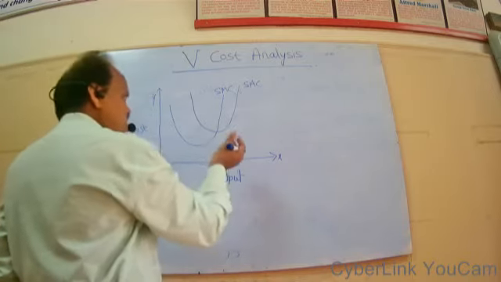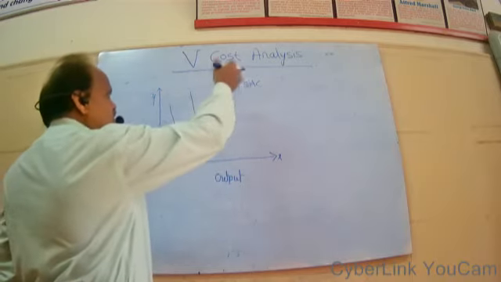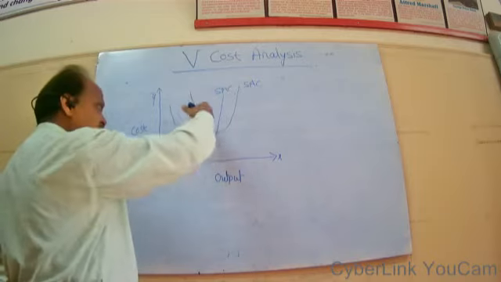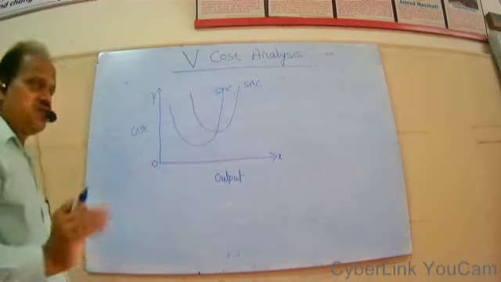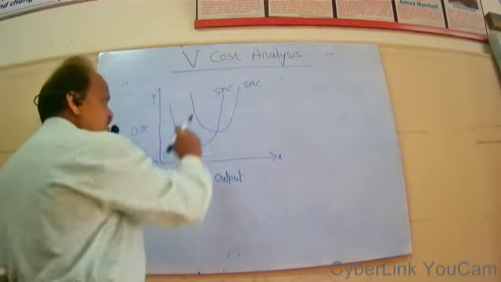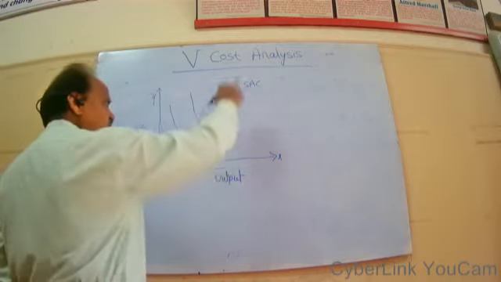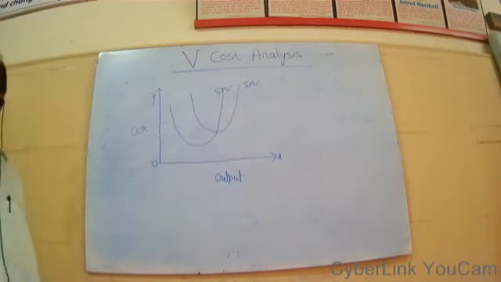So what is the relation? Both average cost and marginal cost will go on decrease in the initial stage as the scale of output is increased. At one stage it will reach the minimum level. After that, if you go on increase your output, both average cost and marginal cost will go on increase.